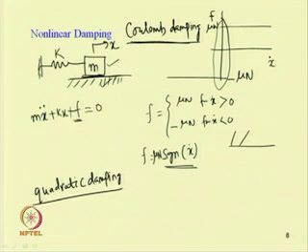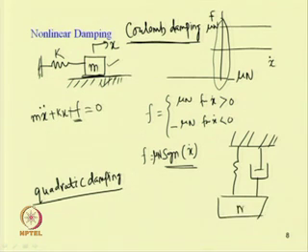So, let us take the spring mass damper system. Here we have a nonlinear damping term. This is mass m, this is the damper, and this is the spring.